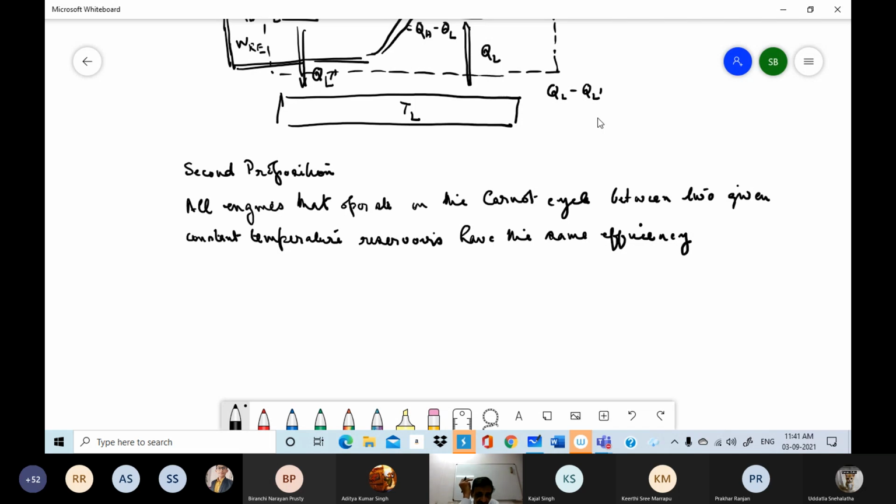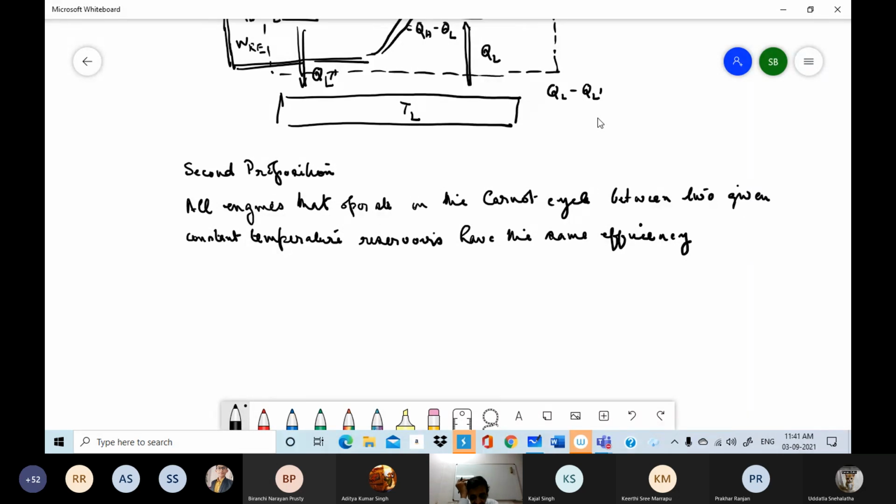If we have a high temperature reservoir at a different temperature, if we measure its efficiency, that efficiency should provide us a value for the temperature of that reservoir. So let's say I have one at ice point, one at steam point. I operate a Carnot engine between these. That gives me a certain efficiency.